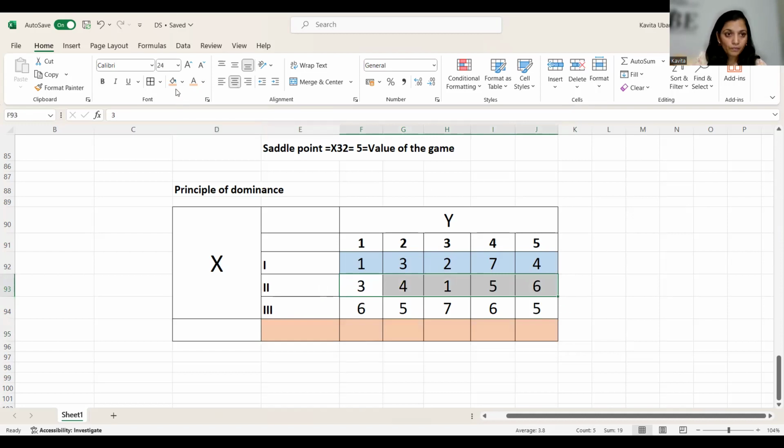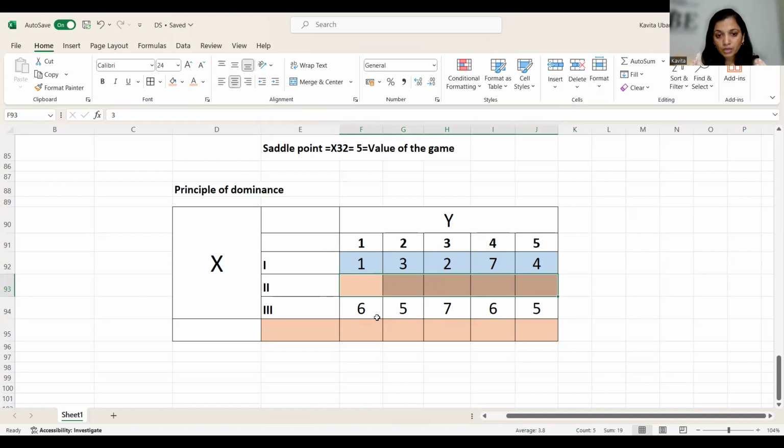Right. So this row will get cancelled, as the third one dominates the second one.